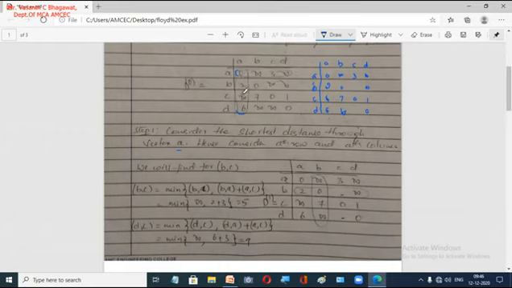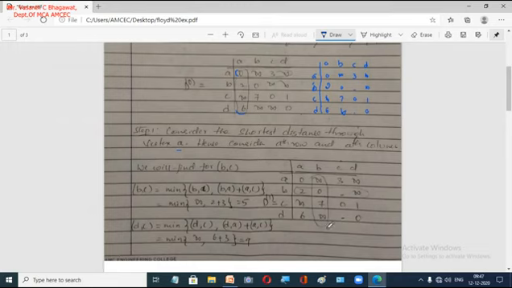Whatever values are there here, you write as it is here. Infinity, 7, 0, 1, already all values came, right? So now we have filled all the values, but there are two values which are left. What is that? Here, that is B and C, still we have to get this value, and D and C.